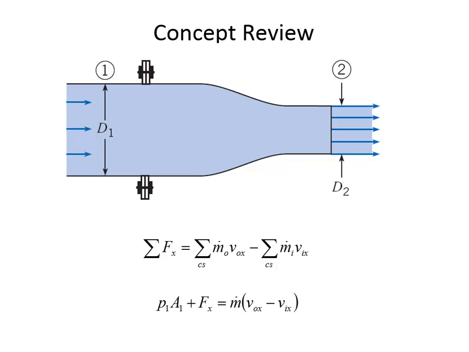And the velocity out is simply going to be the cosine of 60 degrees times v, because this is a 60-degree angle. And so that is the mass flow rate times v cosine 60 minus v, where v is the velocity in.